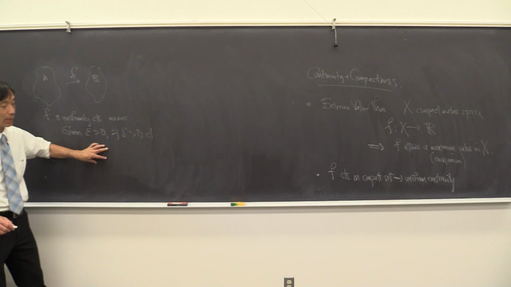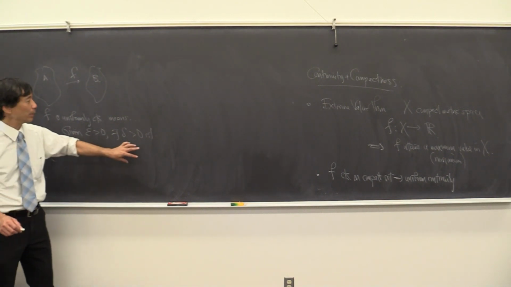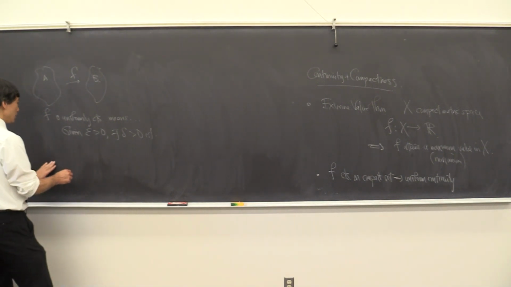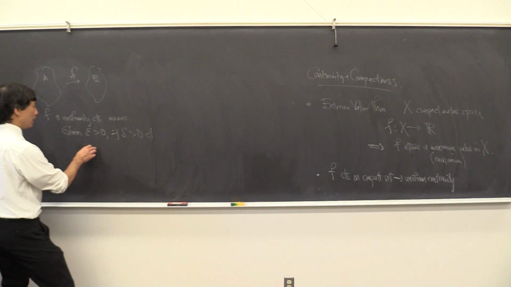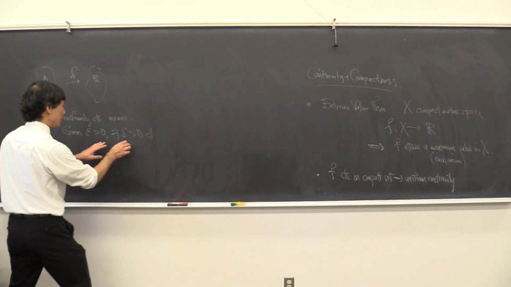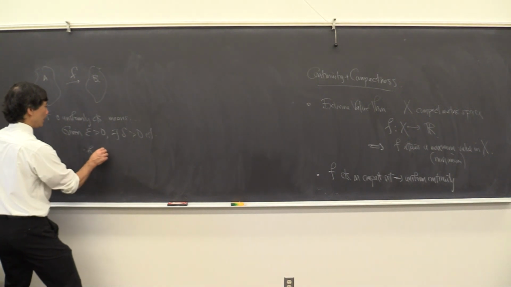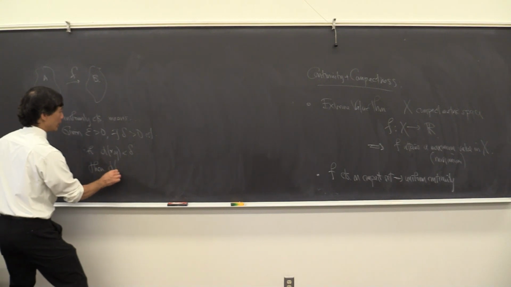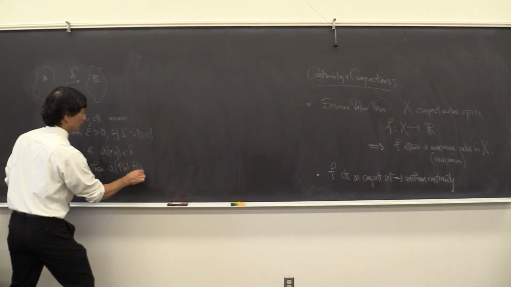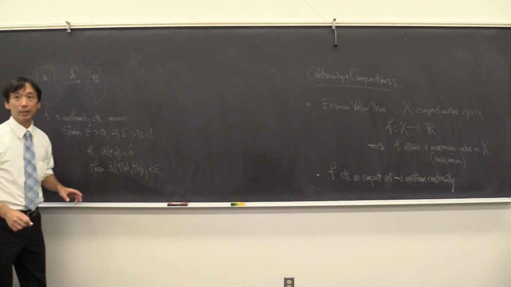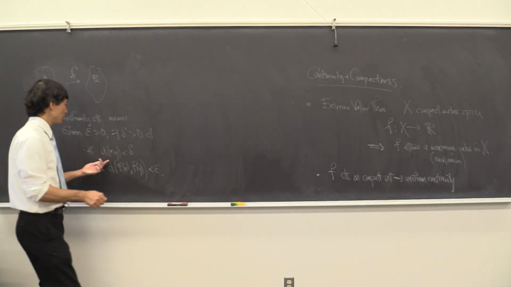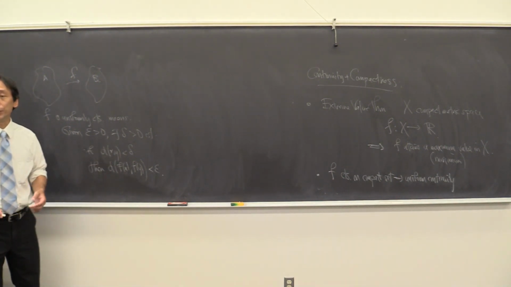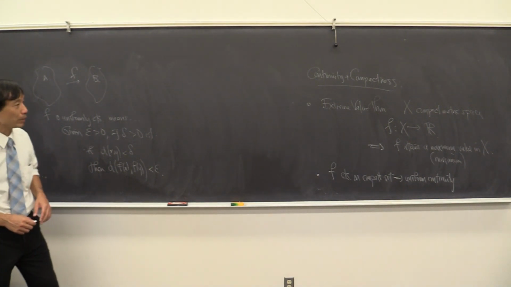Everybody in the delta neighborhood of that point will be mapped into the epsilon neighborhood of the image. But in this case, given any epsilon, there exists a delta such that if the distance between any two points is less than delta, then the distance between the images is smaller than epsilon. In other words, that delta works no matter what pair of points you chose. Okay. So we're going to need that.